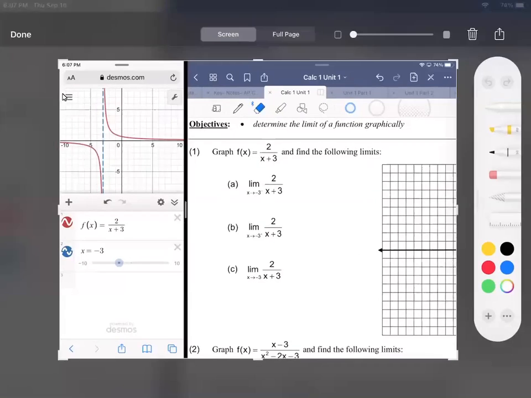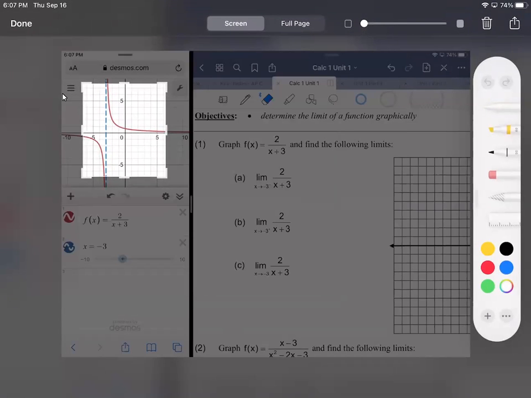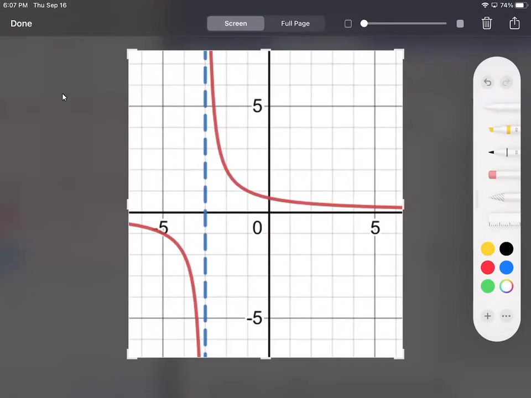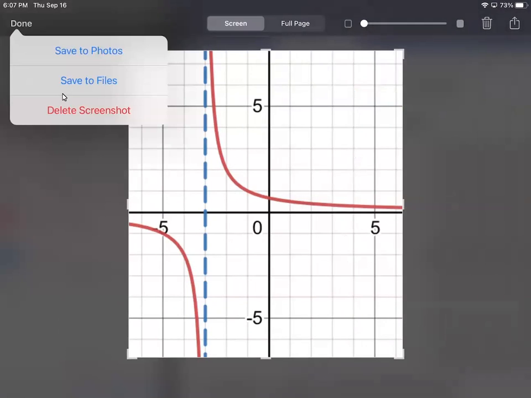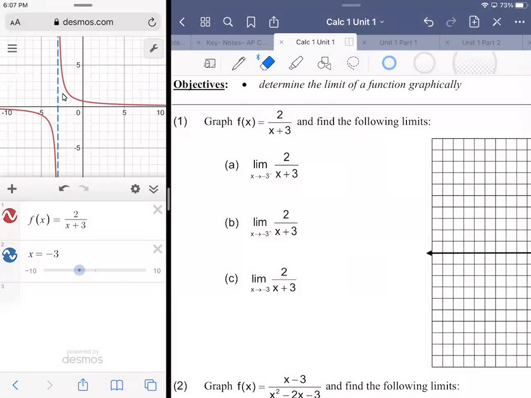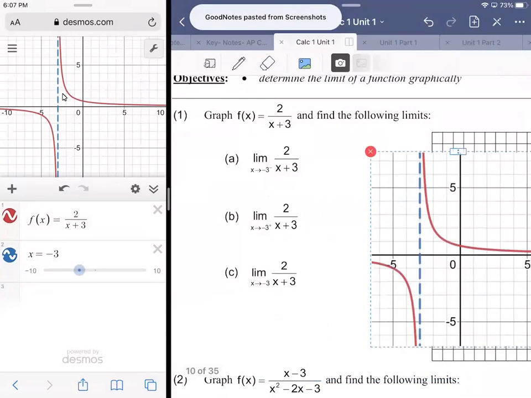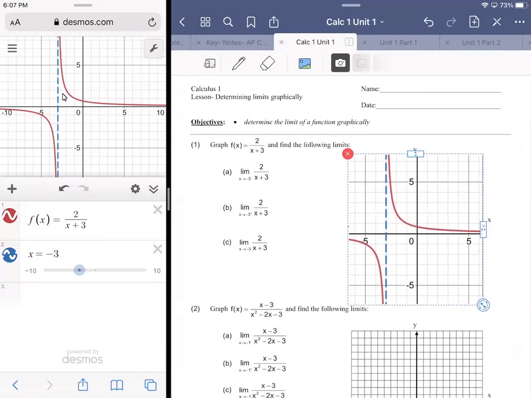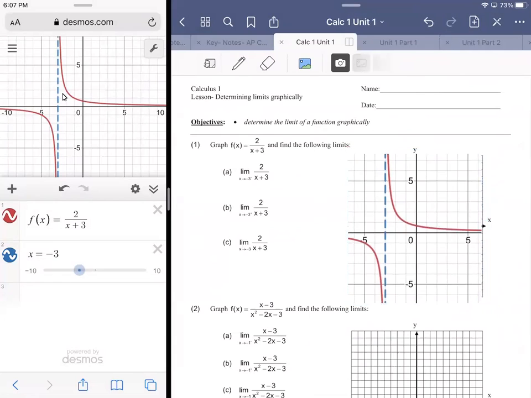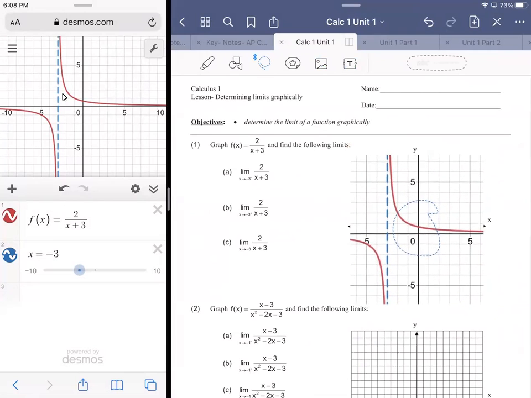Get a little screen grab going here, and then just pop it in so I can mark it up. All right, something like that. A little out of whack, but not the end of the world.